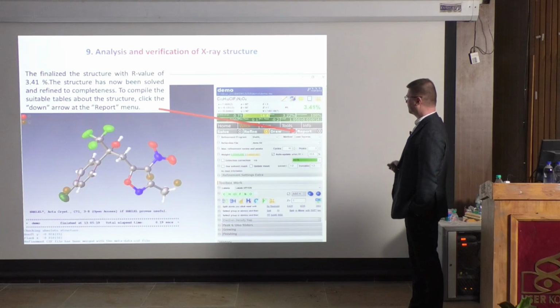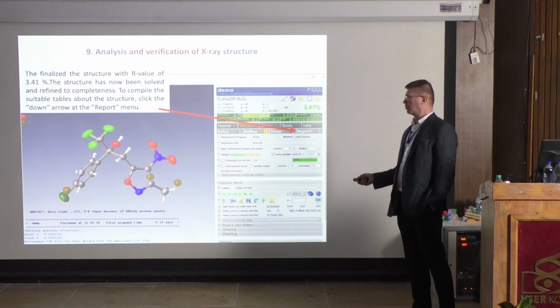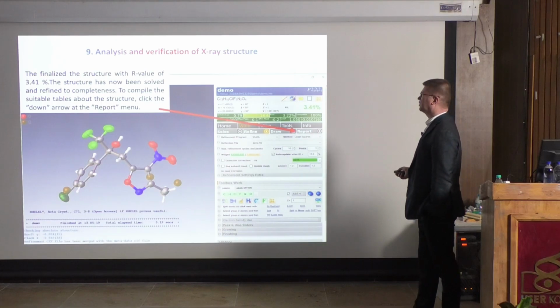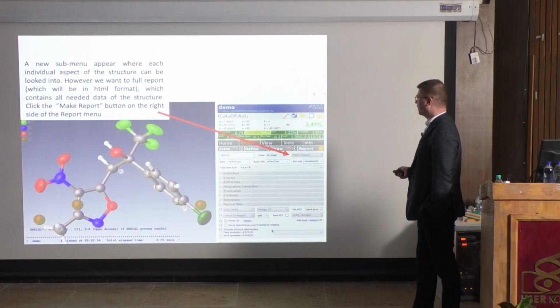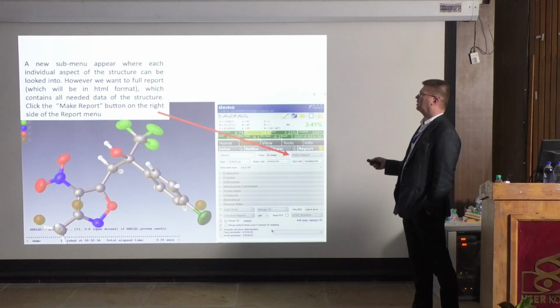Within this frame, there is a very simple and easy procedure to do this, because there is now a tick box for the report, and when you tick the report, it will open up a sub-menu. This is the image here. Each of the individual abstract structures can be looked into.